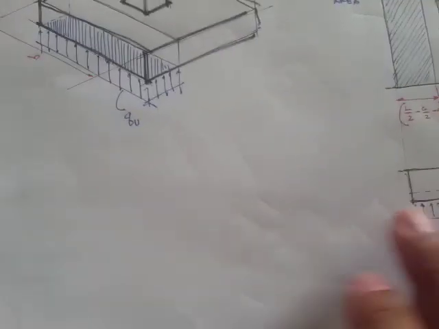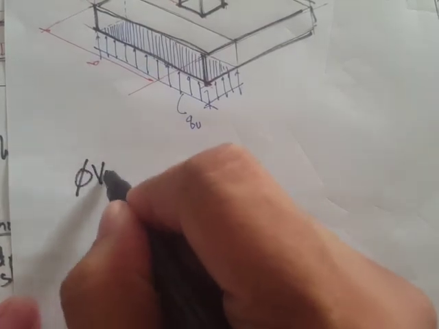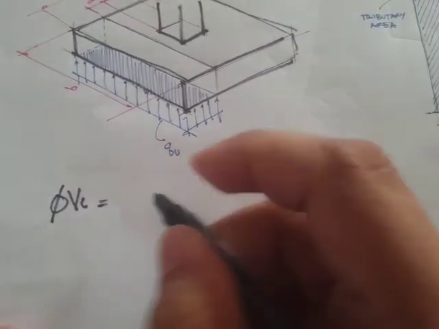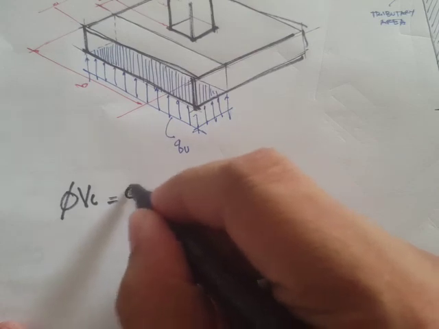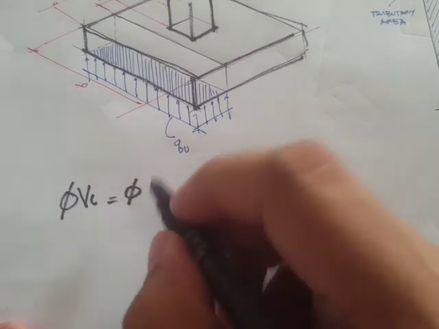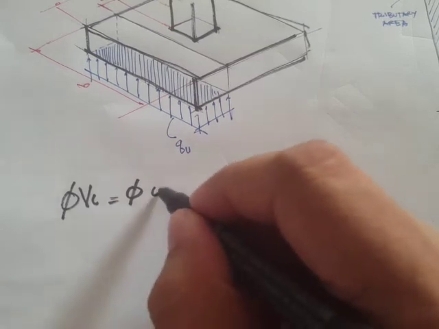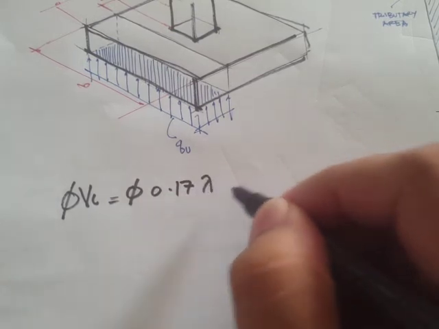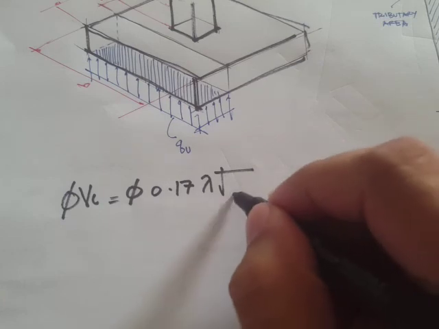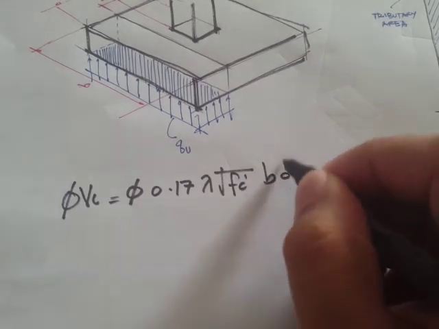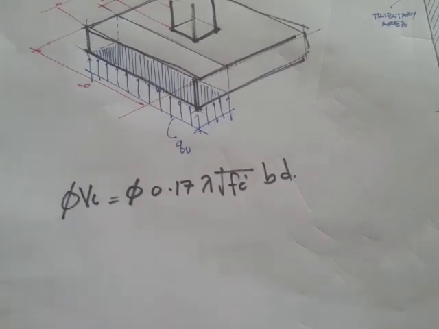Now for one-way shear, our shear capacity of concrete is given by this equation: phi, the reduction factor, times 0.17 lambda times square root of fc prime times b times d.